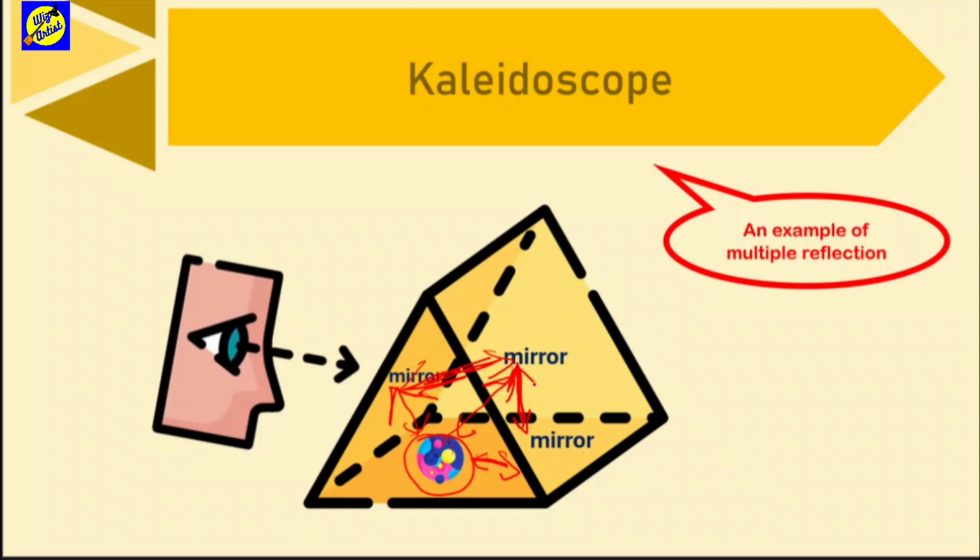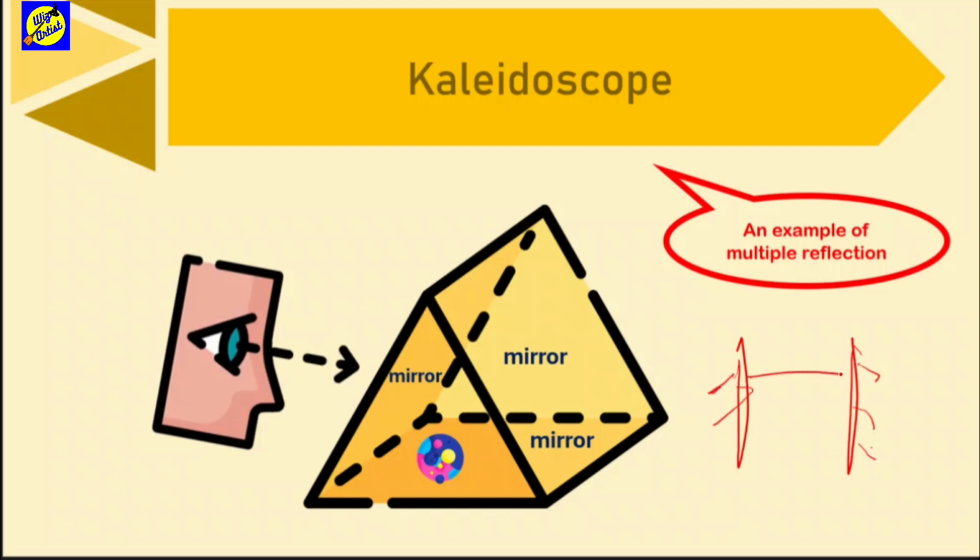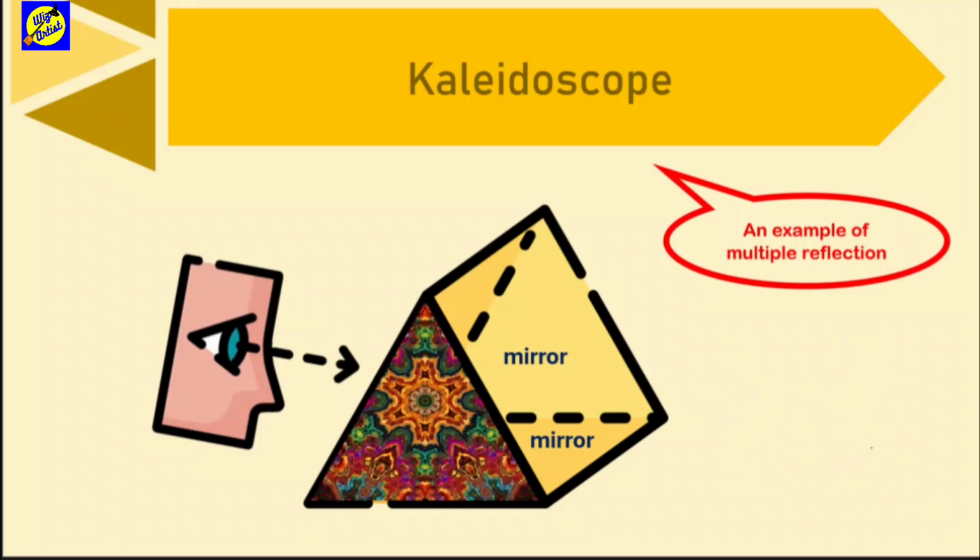These two mirrors will reflect with each other, and these two will as well. So you can see there's a whole mess, chaos. There's a lot of multiple reflection happening. If you were to place two mirrors like this, the light between these mirrors will be continuously bouncing back and forth, back and forth. This back and forth and multiple reflection is exactly what forms such beautiful patterns.